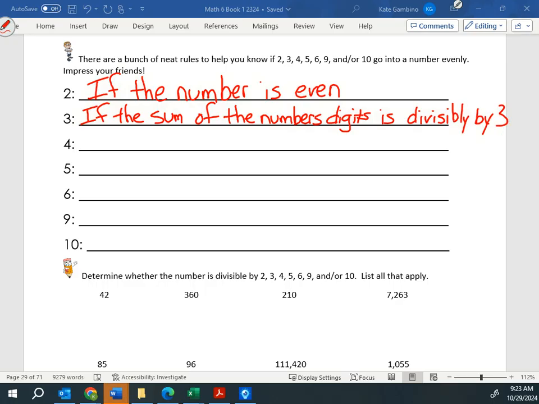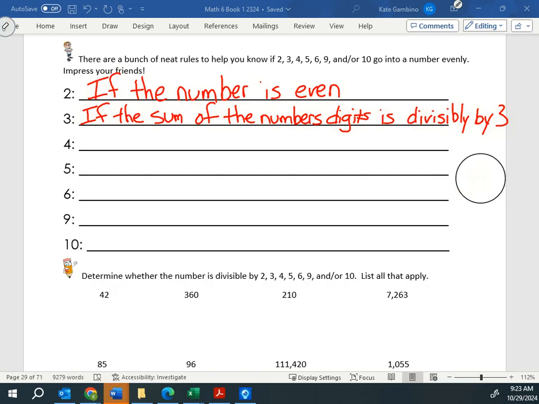So what that means is if we look at a number like 15, the sum of its digits, 15 has a 1 and a 5. 1 plus 5 is 6. Is 6 divisible by 3? Yes. 3 times 2.